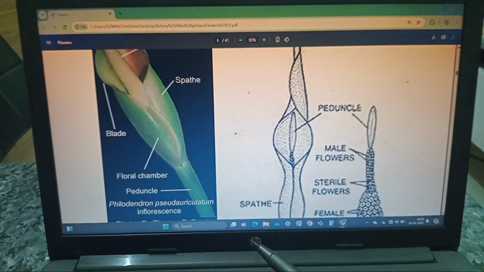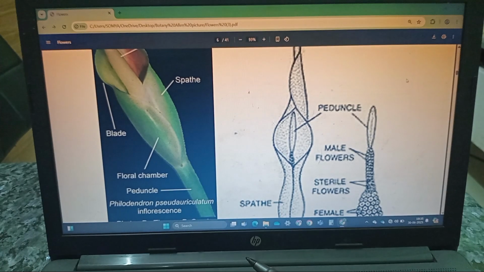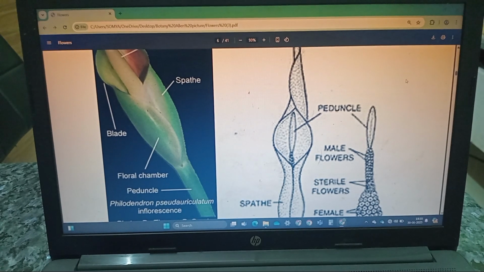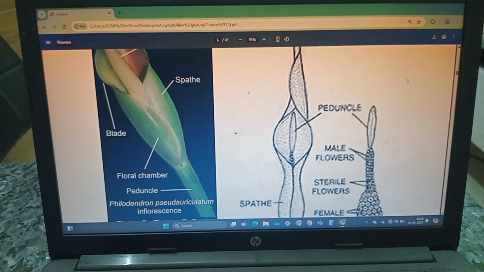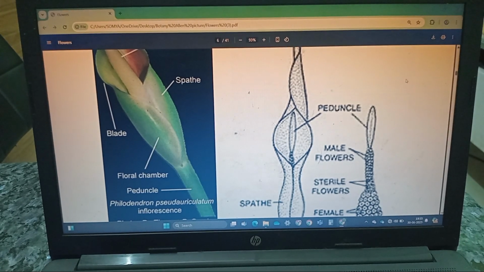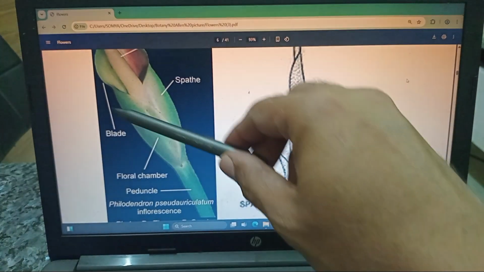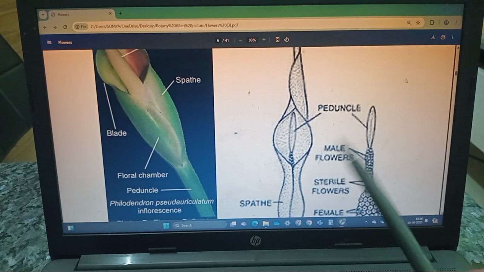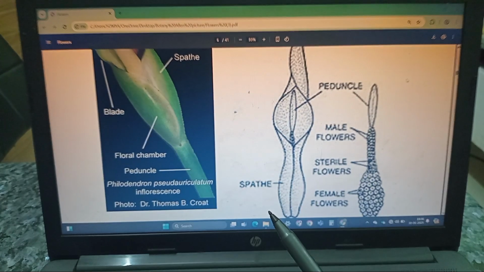Then you see the bracts. The flower can be bracteate or ebracteate. The bract is a reduced leaf found at the base of the pedicel of the flower. The bract can be modified into this spathe. This is spathe. You find it in the inflorescence called the spadix.